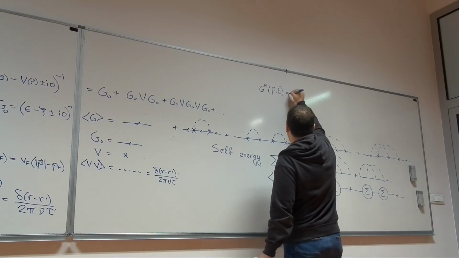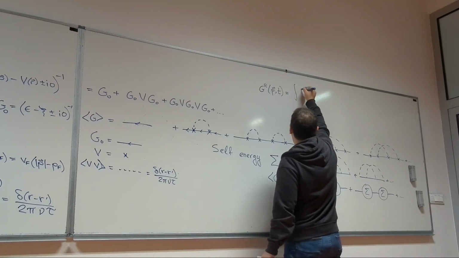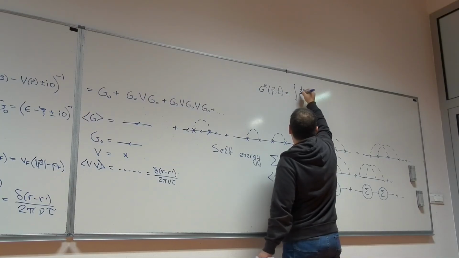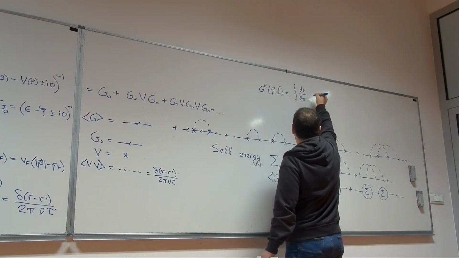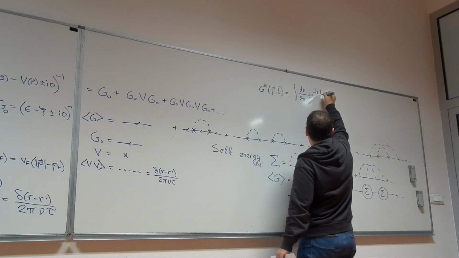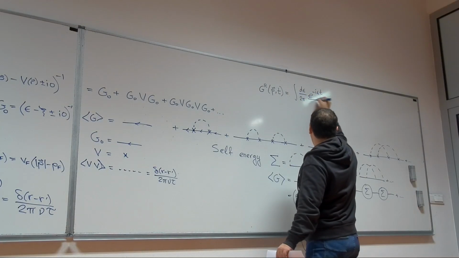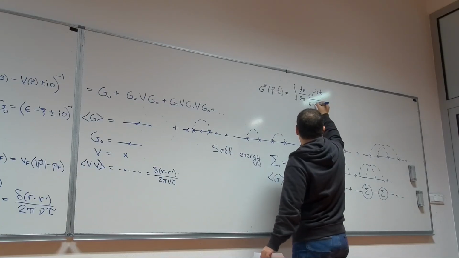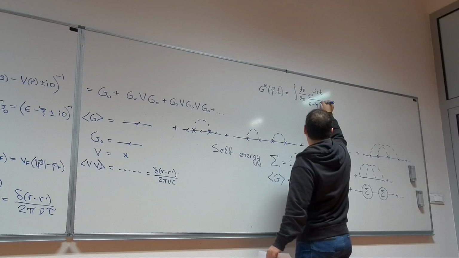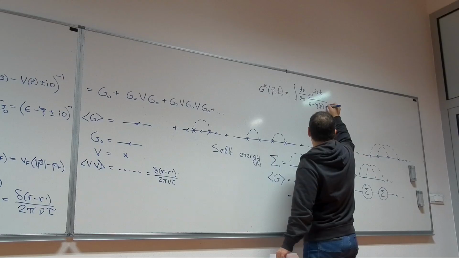To convert from energy to time representation, we do the Fourier transform, integral d epsilon over 2 pi, exponent of minus i epsilon t, times the Green function. And the Green function is just this, 1 over epsilon minus xi of p, and for the retarded one, plus i over 2 tau.